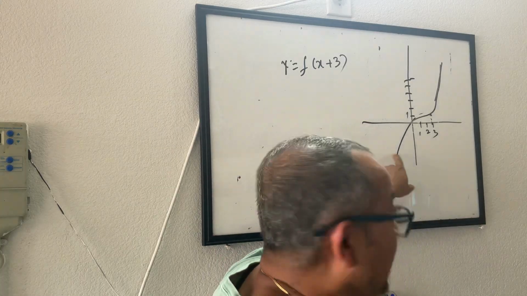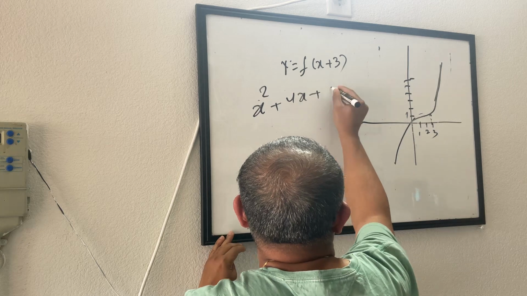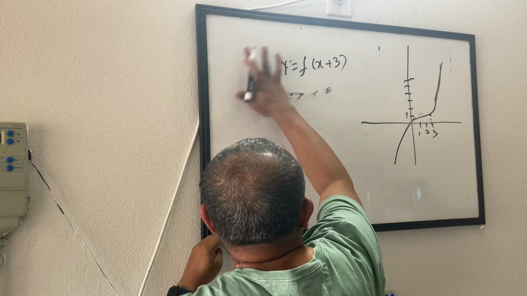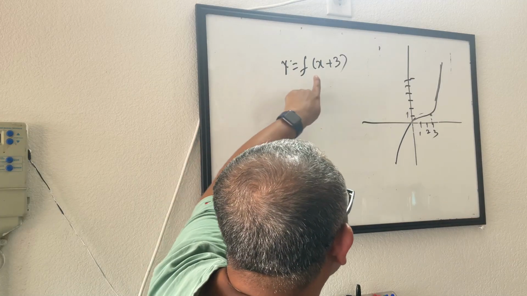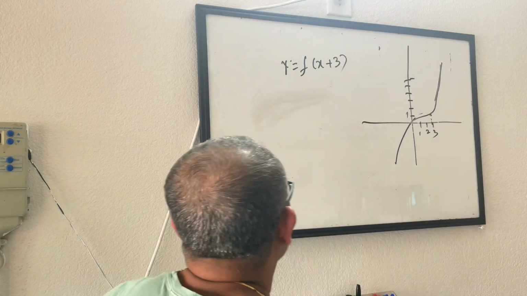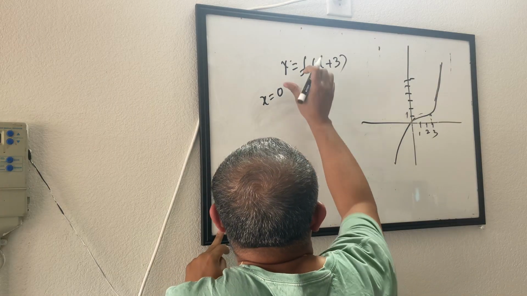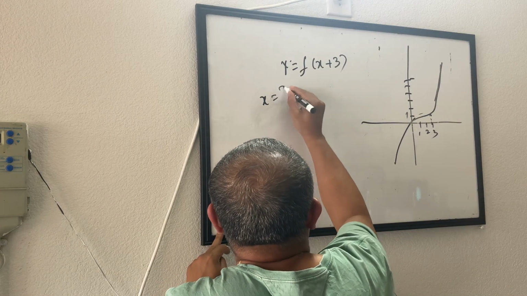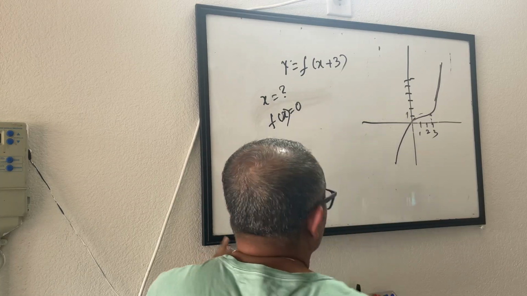I don't know whether this translates into x squared plus 4x plus 9 or if it's something else. I have just been given this, saying y is a function of x based on this rule. It says find out for what value of x, f of x will be equal to 0.